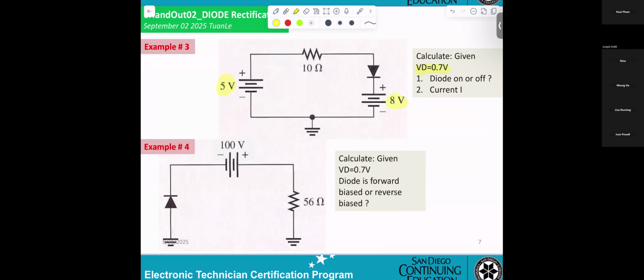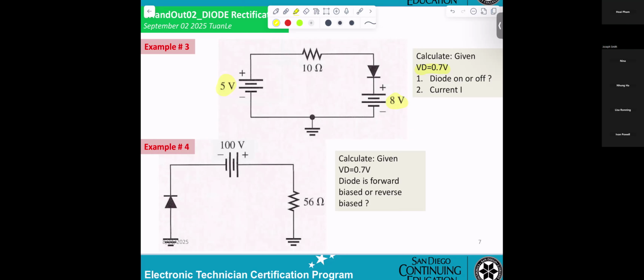Diode on or off? It's off, because 8 volts is higher than 5 volts. Perfect.